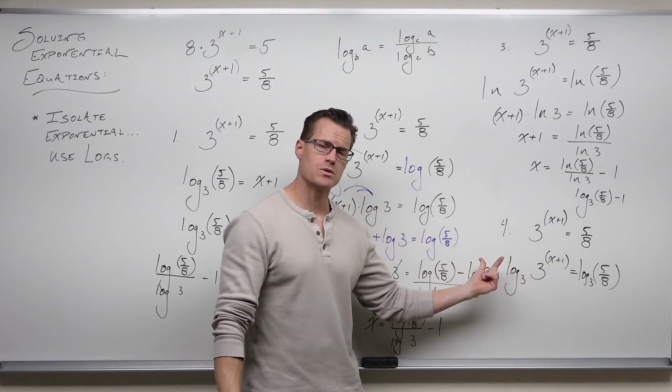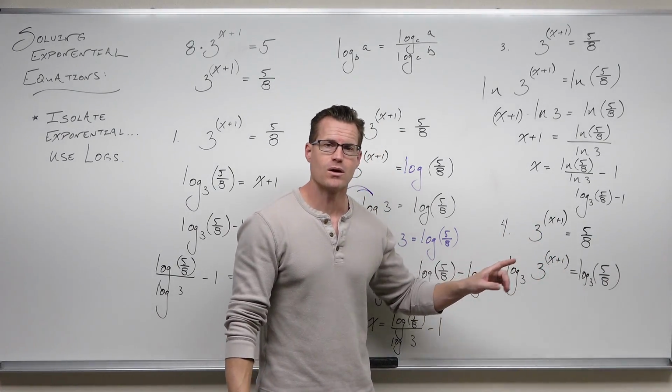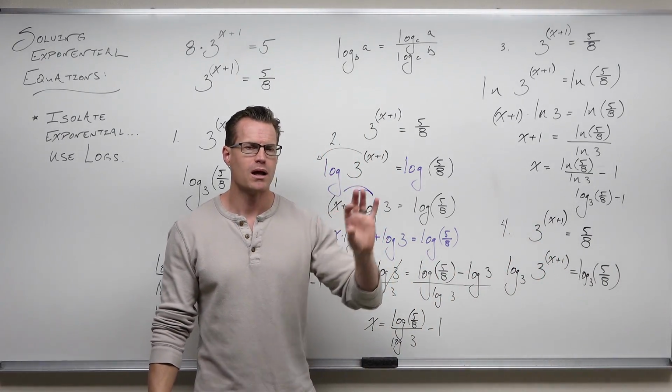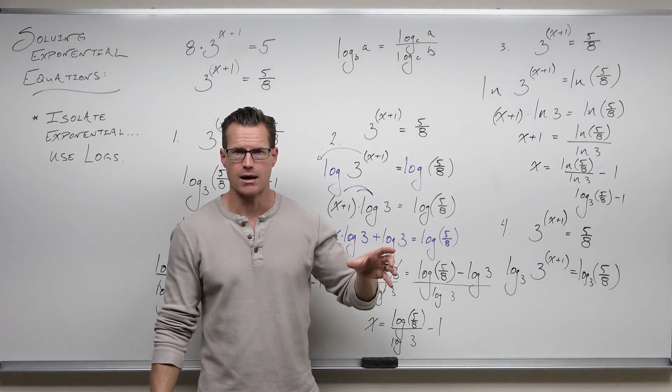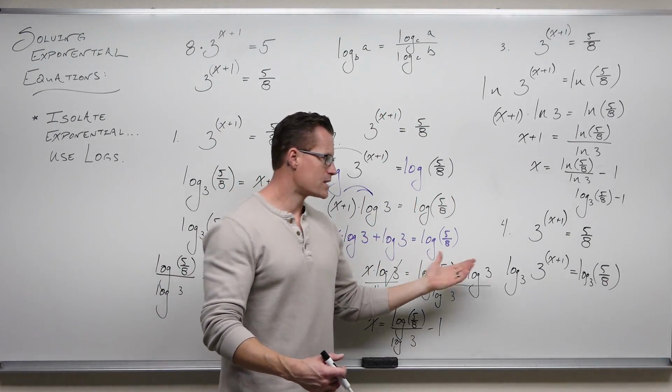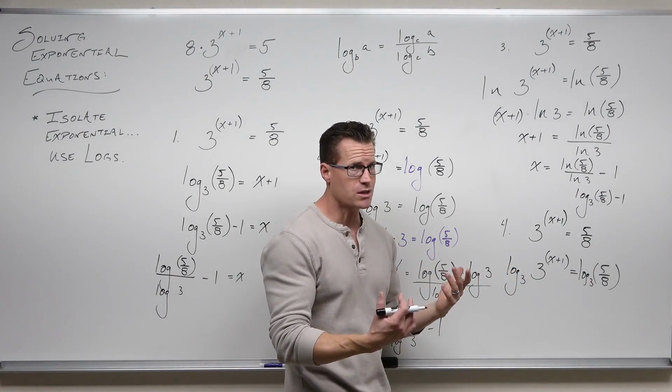You could move the exponent to the front, and you'd get a 1 there. And you go, oh yeah, I remember that property. Do you remember it? Log base 3 of 3 to whatever power you have is the power that you have. That's what we're doing right here. No matter what you do, you're going to get just x plus 1.